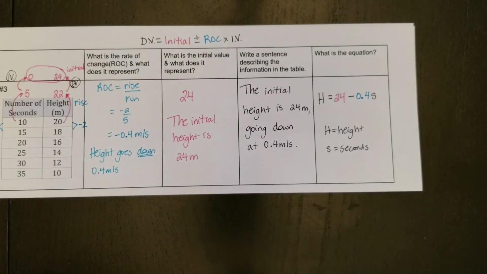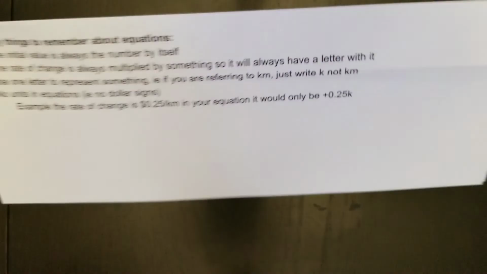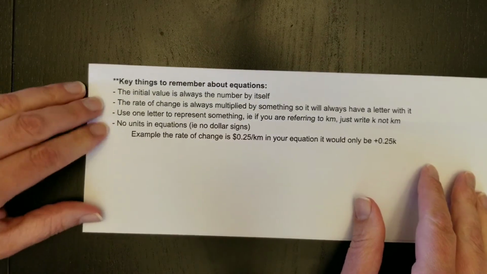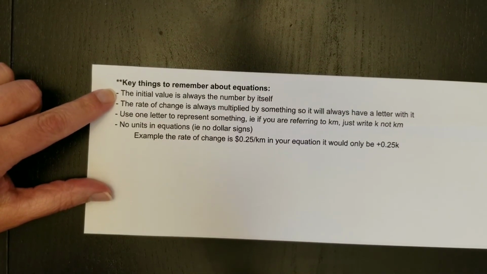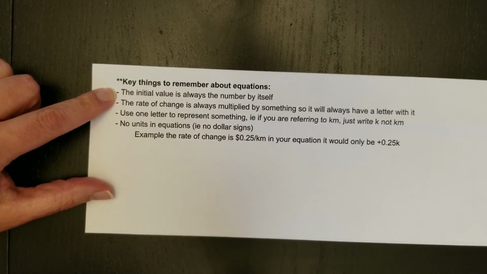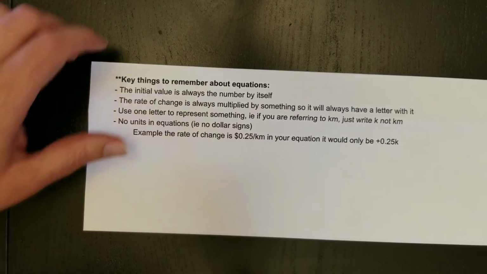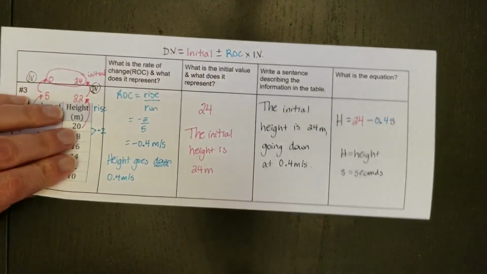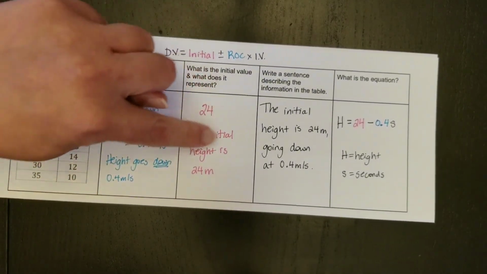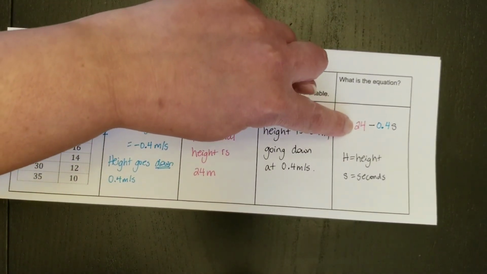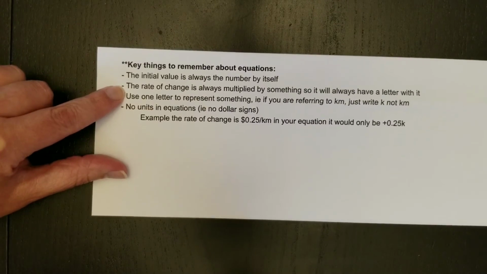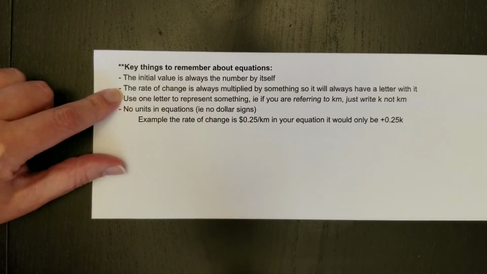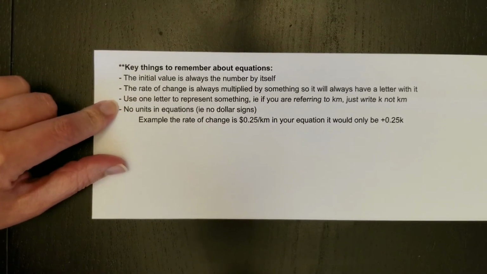I did just want to point out, and this is on your note as well, a couple of things that are important to remember. When you're building your equation, the initial value is always the number by itself. You can see, and we really color coded these, the initial value was the one that's off by itself. The rate of change is always multiplied by something because that's our unit rate, so you have to have a letter with it.